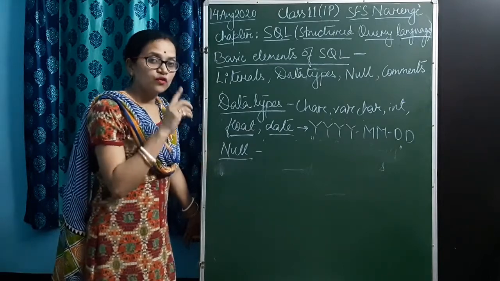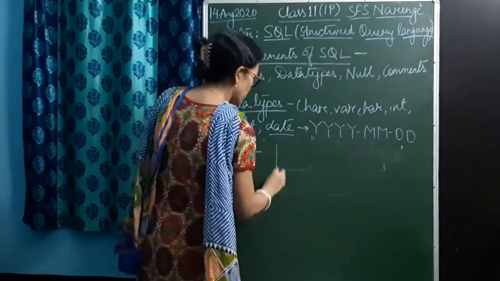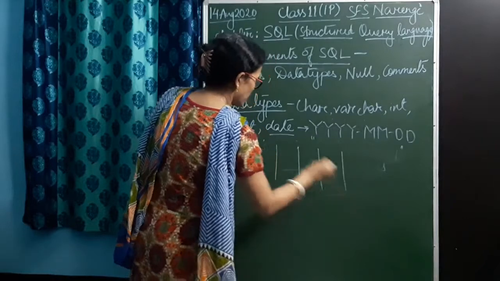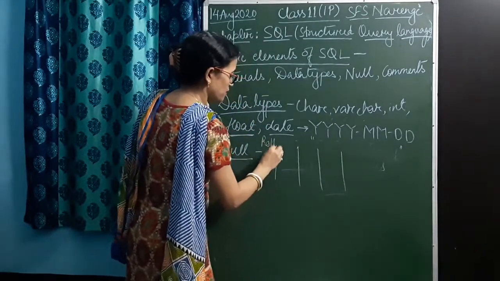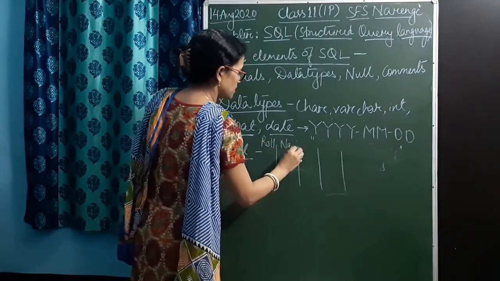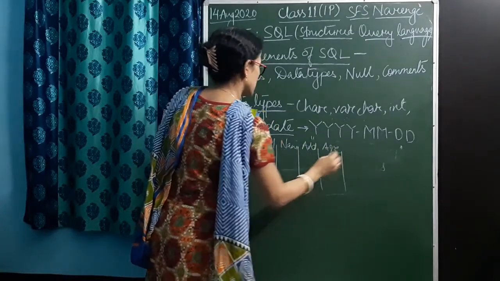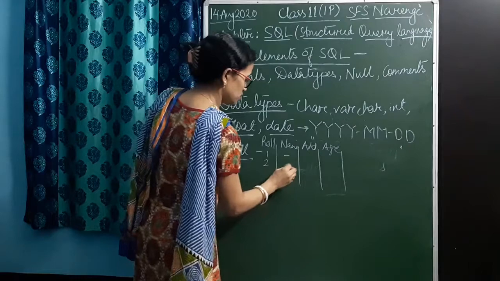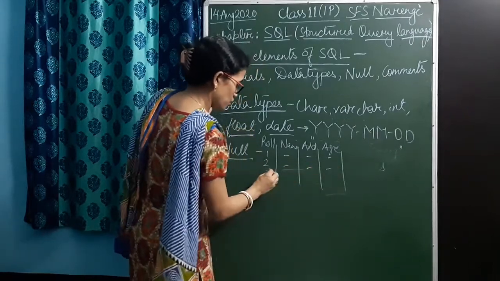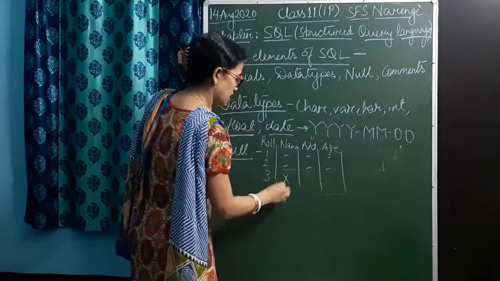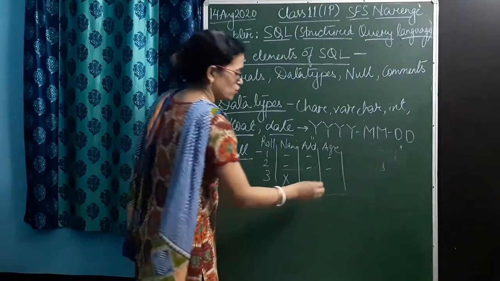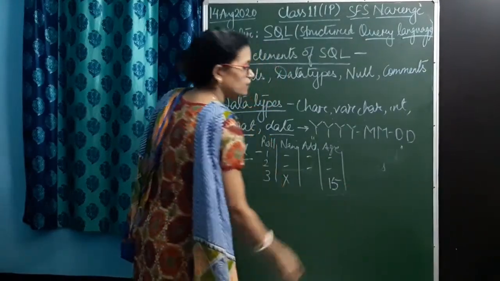So suppose there is a table like this where I need to enter a roll number, then name, then address, and then age. Records 1 and 2 are entered. Roll number 3, name is X, address I don't know, age is 15.